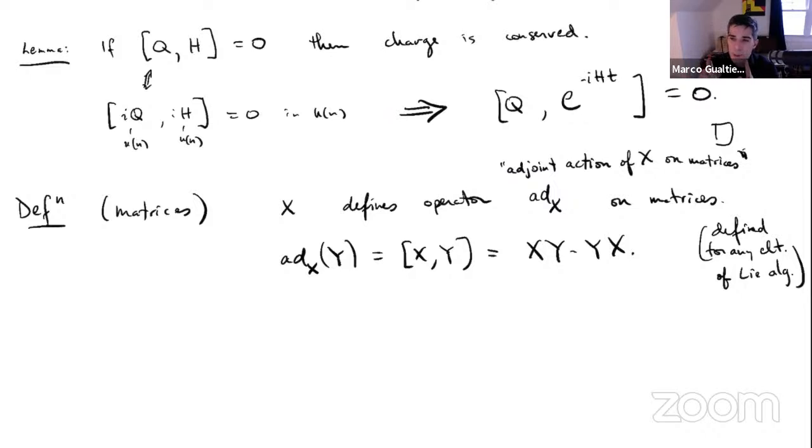Any element of a Lie algebra, you can of course bracket it against the rest of the Lie algebra, and that will define a linear operator from the Lie algebra to itself. So if x is in a Lie algebra, then ad x is a linear map from the Lie algebra to itself.